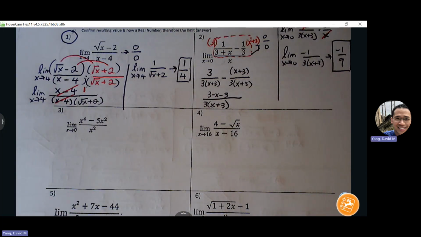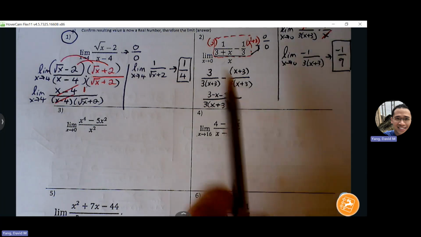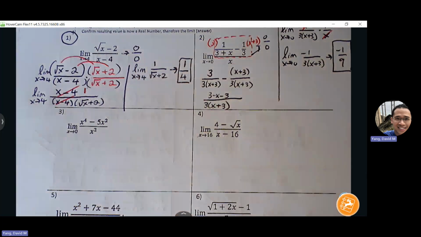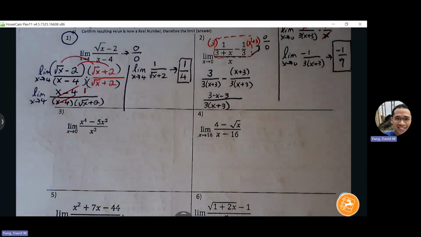Now, I'm going to be looking for your first step for every one of them. If you go through factoring and get the answer, but you don't show me that you're getting a 0 over 0 to begin with, I may take a point off for that. So make sure that you're always showing me that you are doing direct substitution before you commit to any other steps.